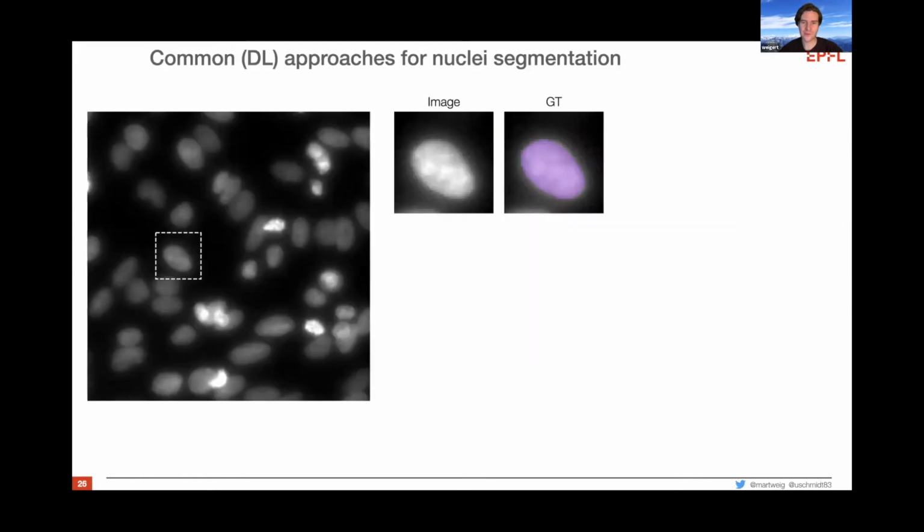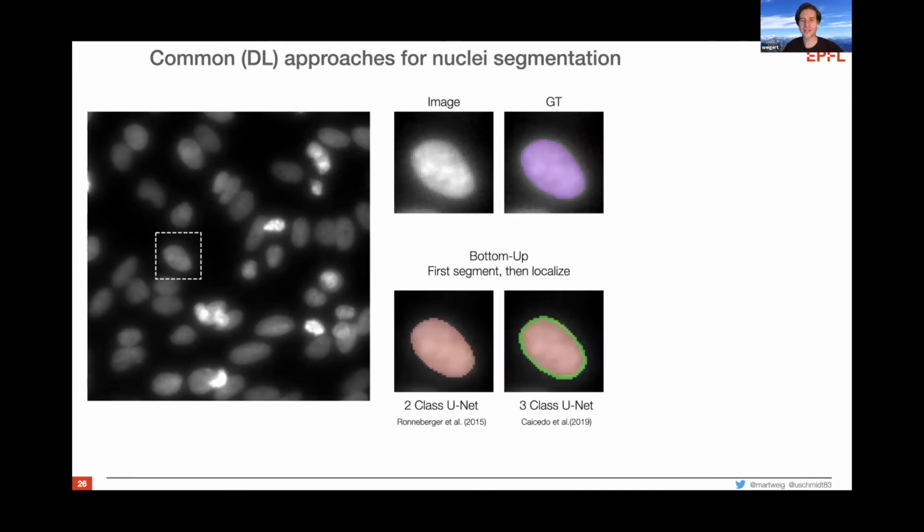There are several common deep learning based approaches for instance segmentation in general, and nuclei segmentation in particular. They can be roughly categorized into two groups. The first one is called the bottom-up approach. You first do a dense segmentation, so a foreground background segmentation, or another class for the object boundary.